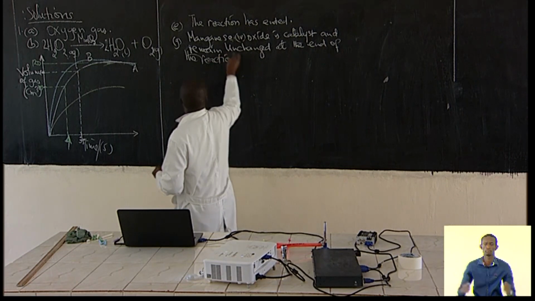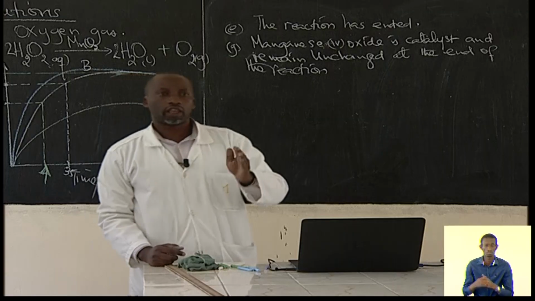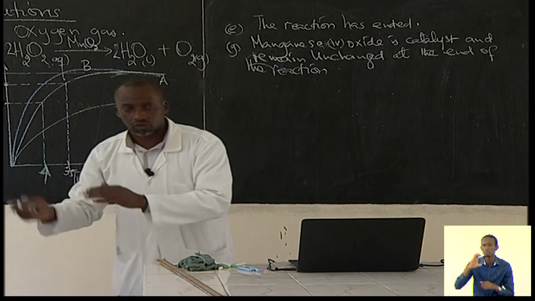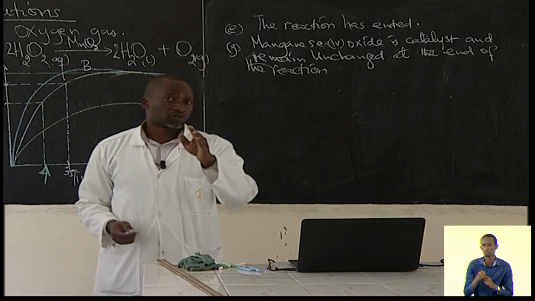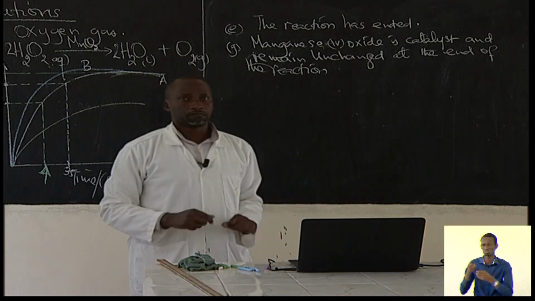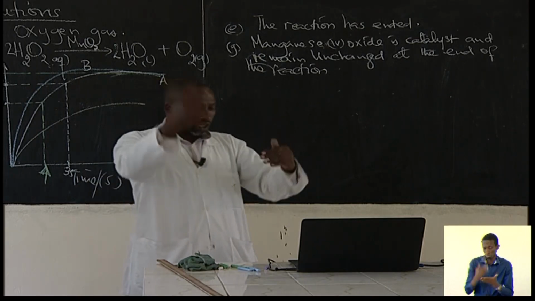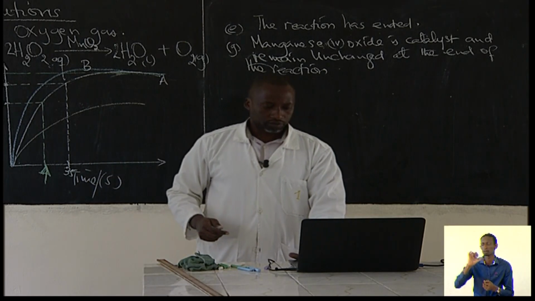You remember what we talked about, the effect of the catalyst, and we said catalysts only provide the alternative route, and that alternative route must be shorter, that is, it provides a shortcut for the reaction to take place. That's why catalysts increase the speed of the reaction.